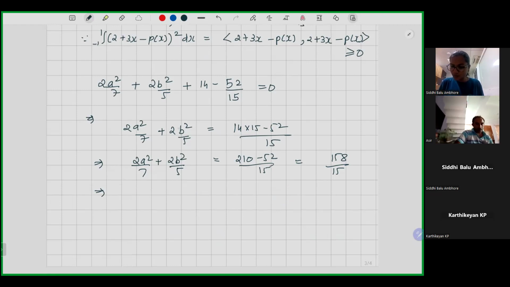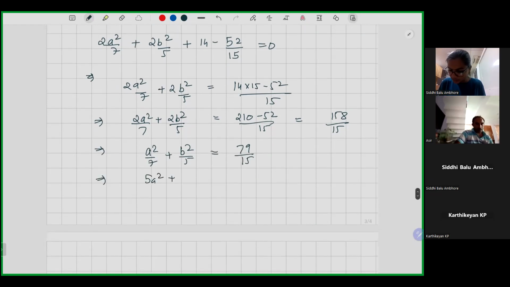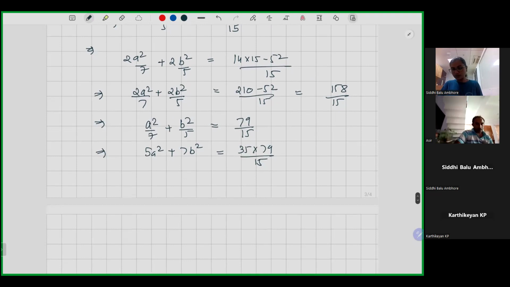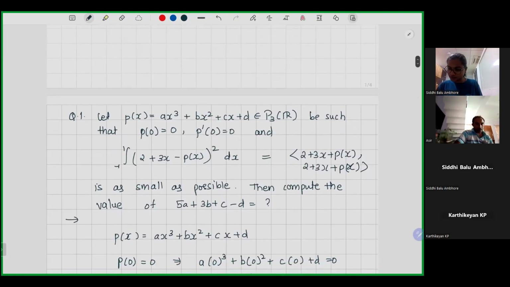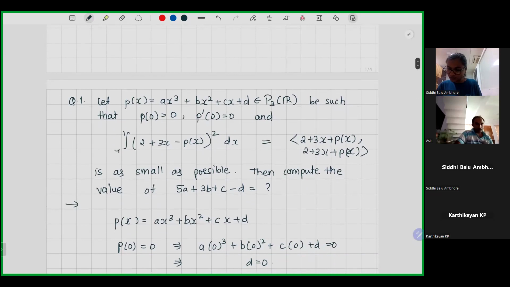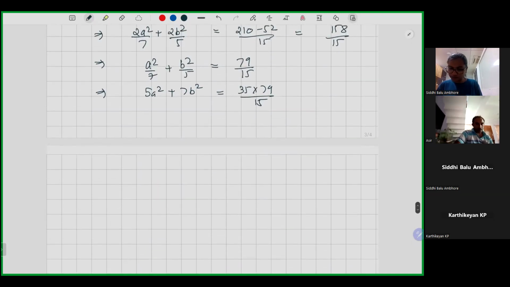If I remove 2 from both the sides in the above term, a square by 7 plus b square by 5 is equal to half of this, which will be 79 by 15. And then 5a square plus 7b square is equal to 35 into 79 by 15. And we anyway know, compute the value of 5a plus 3b.